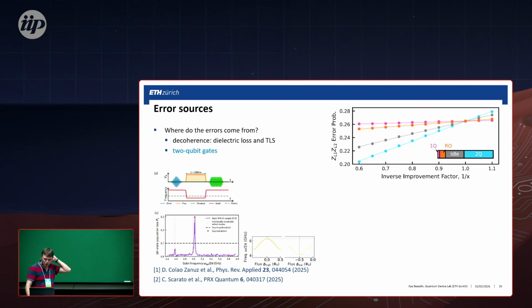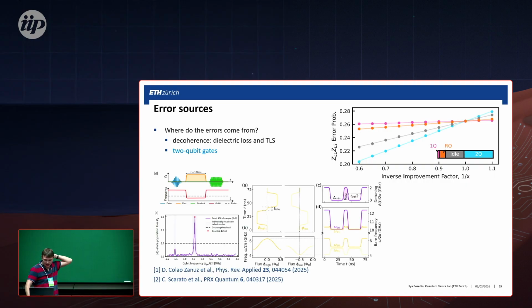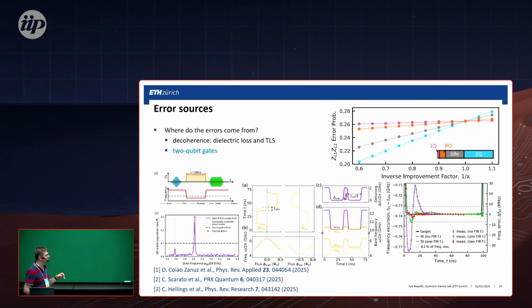Then for the 2-qubit gates, there's another thing. The way we do 2-qubit gates, we vary the frequency of the qubits and bring them into resonance, with some specific pulse shapes. What I want to stress is that if you try to change the frequencies of these qubits, you need to control them with very high precision.